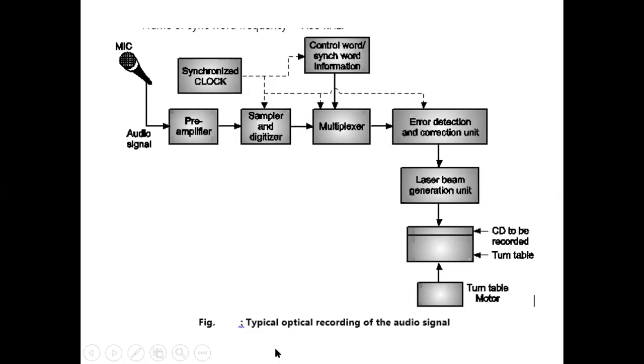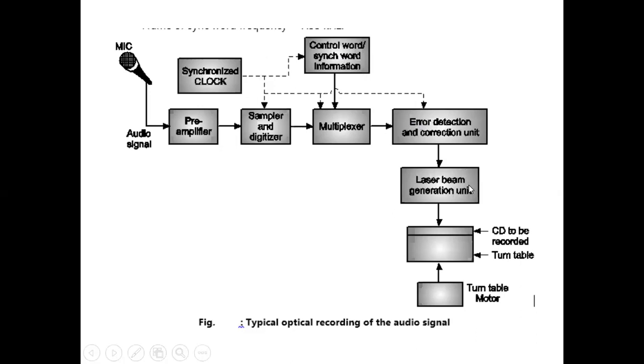Now you must have understood how typical optical recording takes place. Once again, the audio information is converted into an equivalent 20 hertz to 20 kilohertz signal. It is pre-amplified, then A to D converted, and it is multiplexed with the control information or sync information. This information is given to the error detection and correction block, where the FEC, that is the forward error correction technique, is implemented.